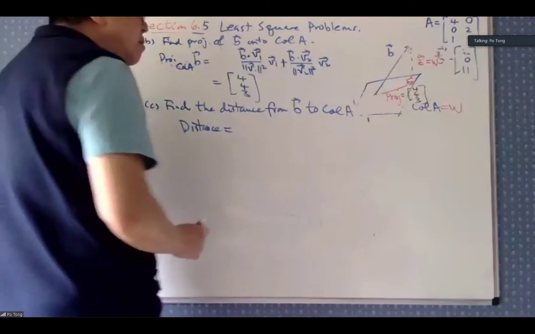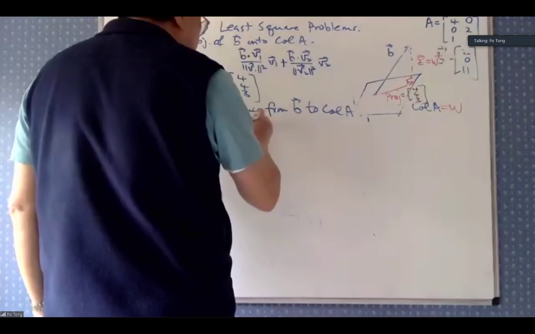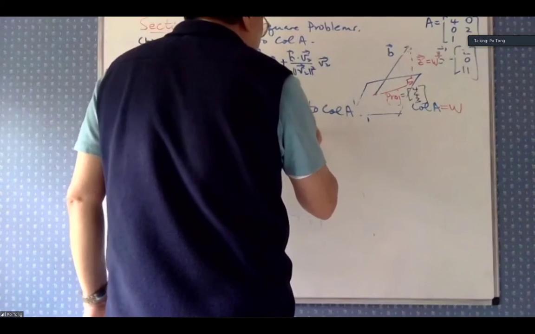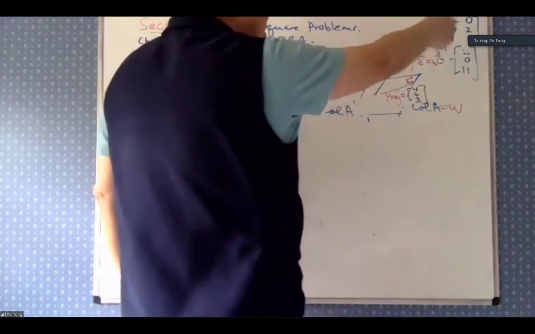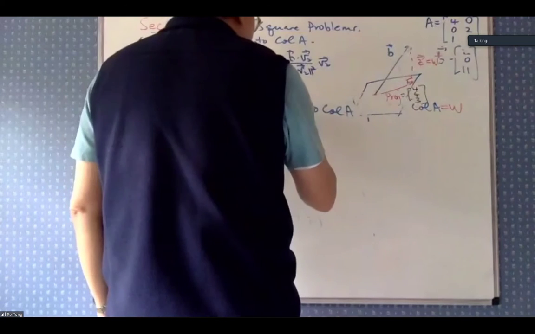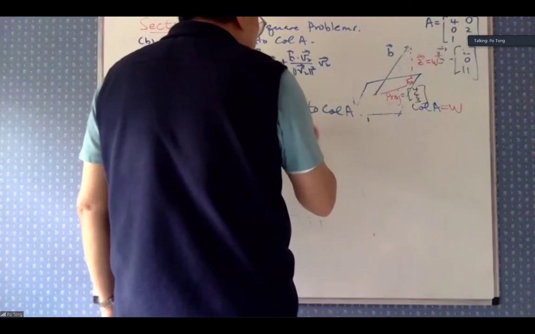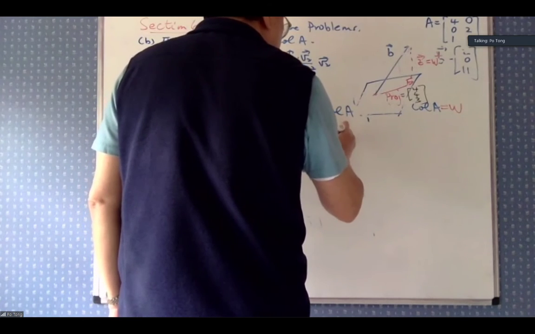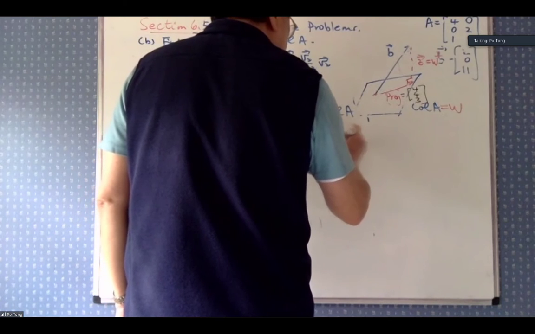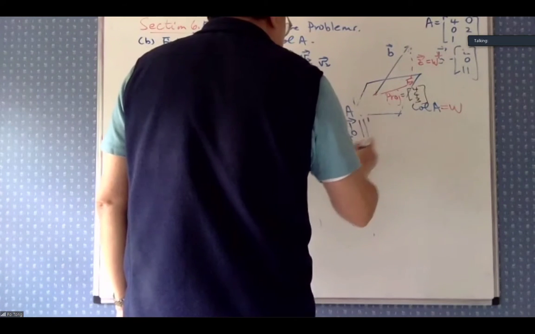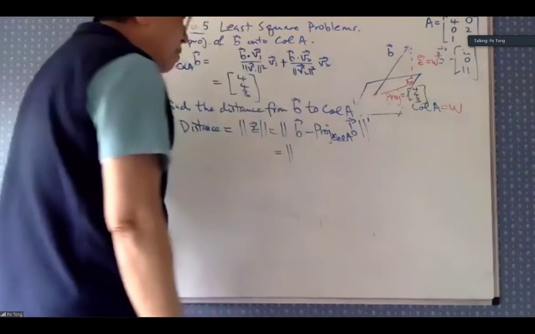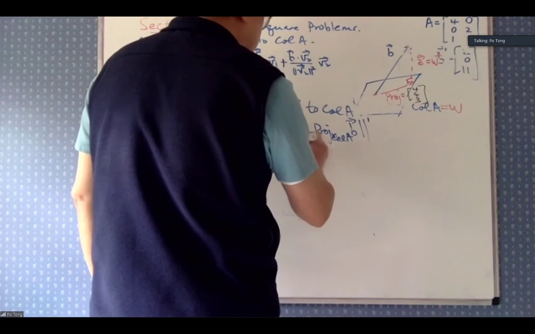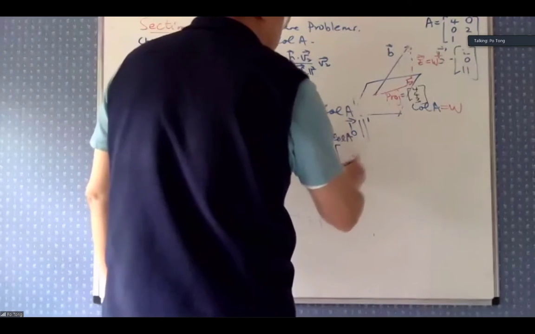So the distance is equal to the magnitude of C, which turned out to be 4 squared. No, not 4 squared. You need to do the subtraction first. It's the distance of B, which is the original one, minus the projection. B is 2, 0, 1, 1 minus 4, 4, 3.